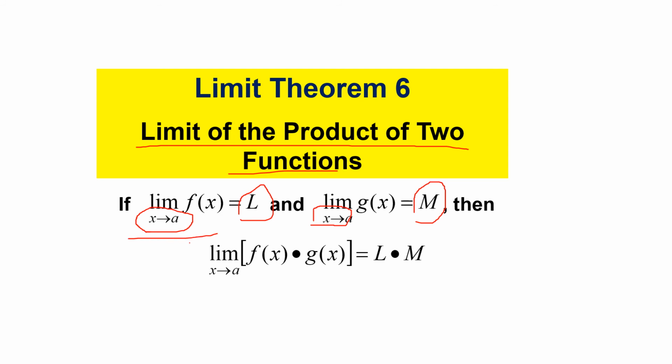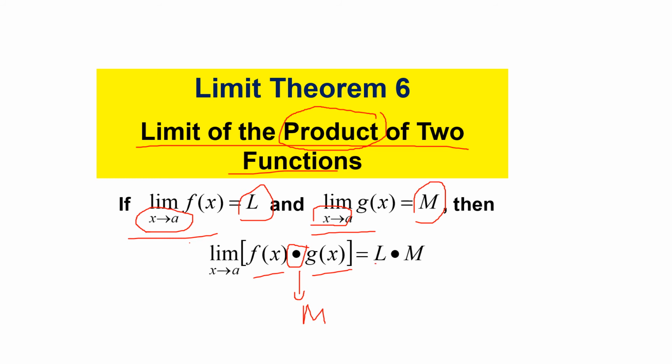So as long as they are the same, then we can combine two limits of the functions. Now, same scenario as addition and subtraction, the only difference is that we apply the concept of product. So the operation between the two functions, f of x and g of x, is multiplication. So multiplication po ang ina-apply natin dito.